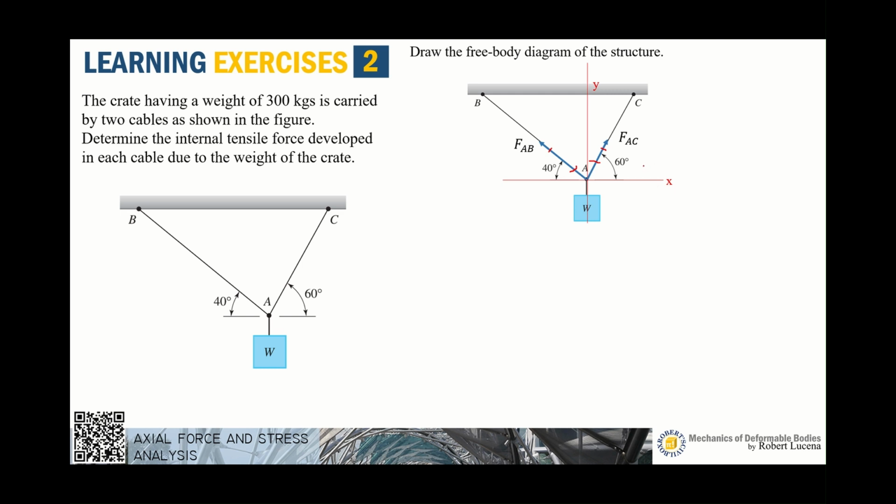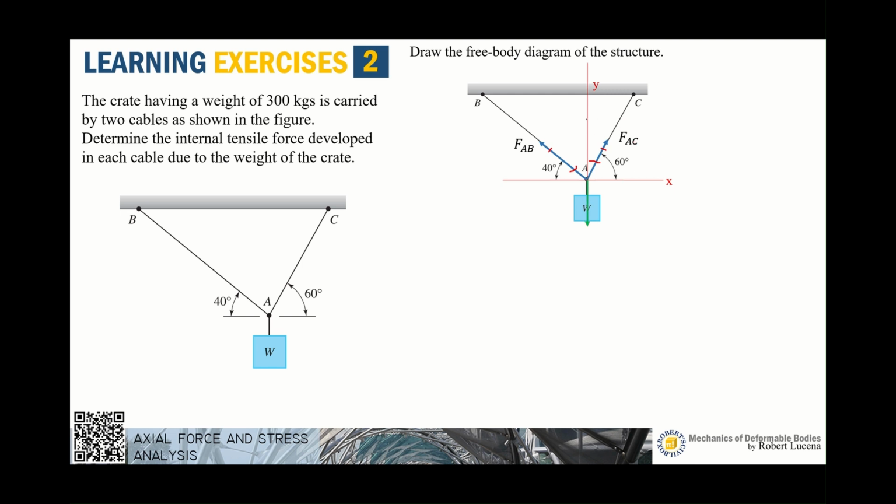For a coplanar concurrent force system, we only use summation of forces along x and summation of forces along y equals 0, because summation of moment cancels out everything here. So we are left with only two equations, but that's okay. We only have two unknowns, those are FAB and FAC.